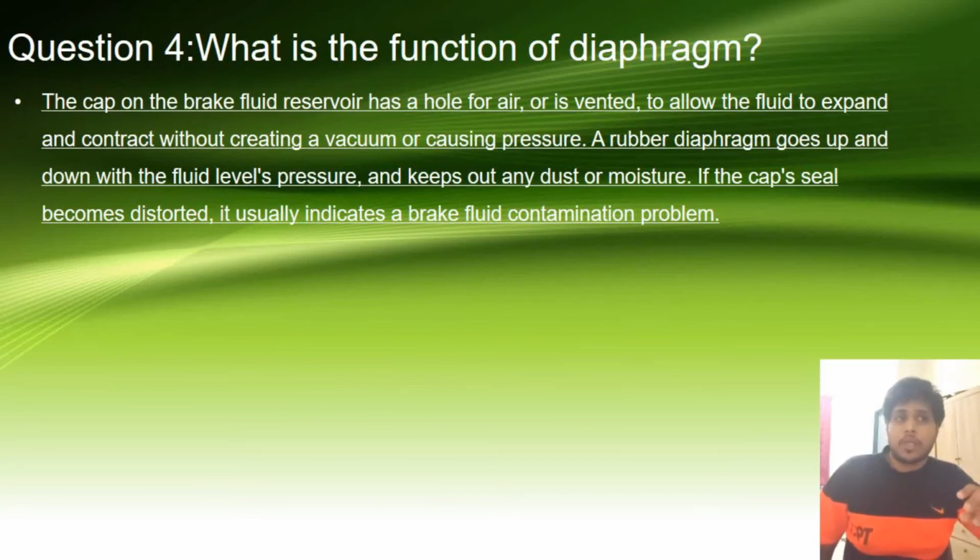A rubber diaphragm goes up and down with the fluid level and keeps out any dust or moisture from entering the fluid. If the cap seal becomes distorted, it usually indicates a brake fluid contamination problem.